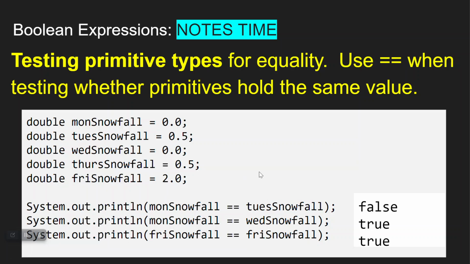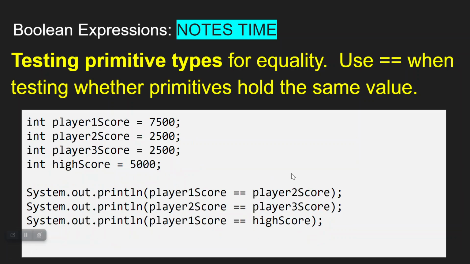We could also do this same thing with integers if we wanted to. int player 1 score is set to this, player 2 score set to that, player 3 score set to that, and then high score set to that. So if we put in print statements, player 1 score equals player 2 score, this is a Boolean expression checking whether or not this is the same as that.